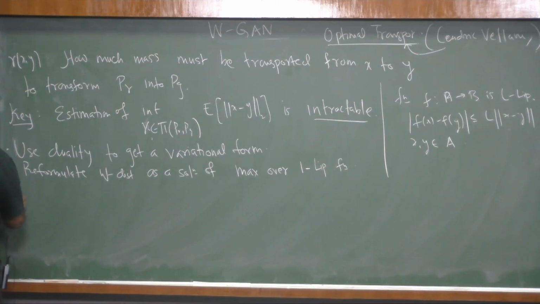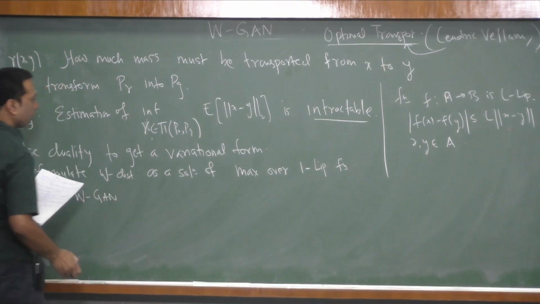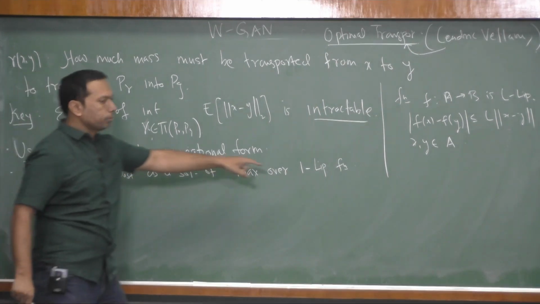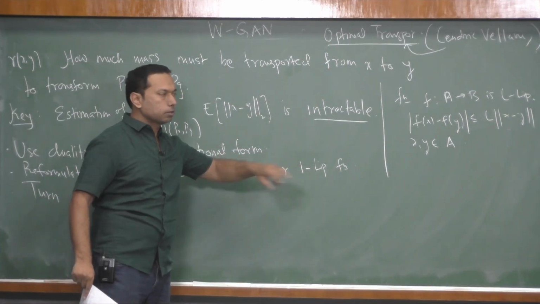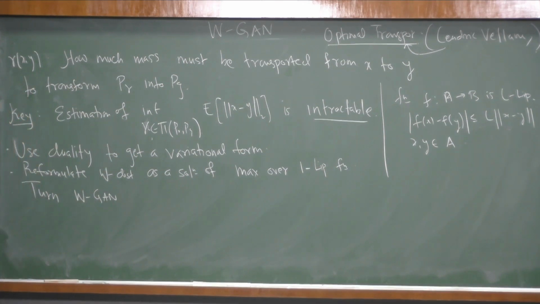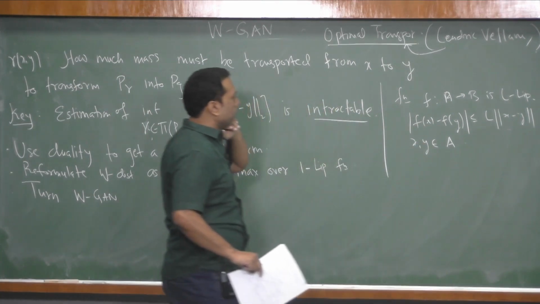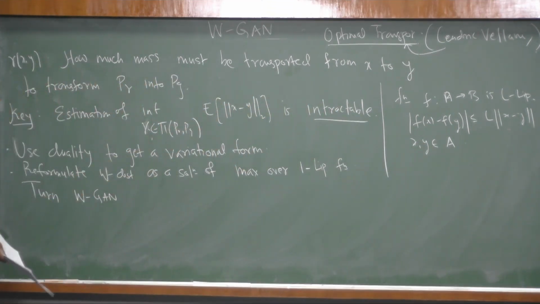and the third step is to turn WGAN into a saddle point problem. The fact is that it will be a max over L-Lipschitz functions, and this Lipschitz condition is a bound, the constraint we have, and since it's one-Lipschitz, your L is 1. So what we are saying is that |f(x) minus f(y)| is less than or equal to the norm of x minus y.